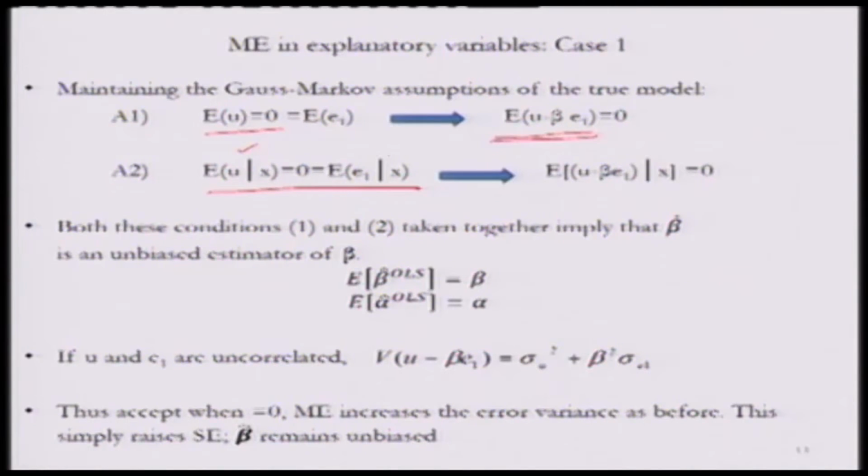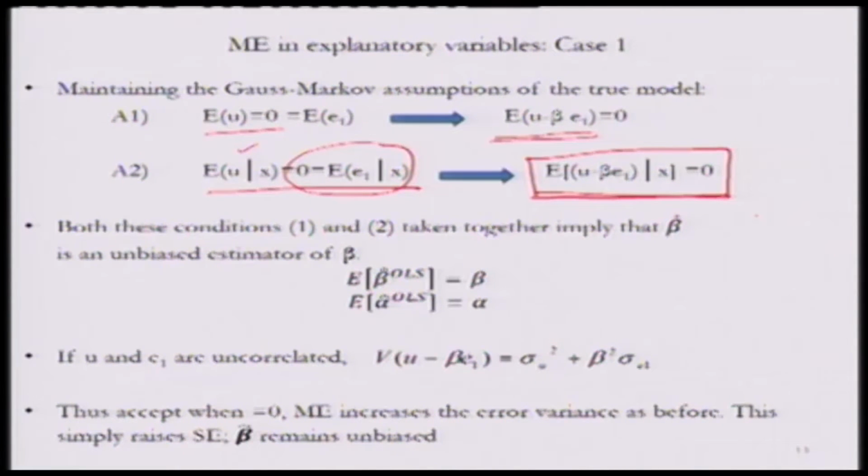So, we also have this condition met over here, which is the expectation of E1 given x equal to 0, and once again these two combined mean that the expectation of the new error term u minus beta E1 given x must be equal to 0. Note that this is the revised conditional mean independence assumption that leads to an unbiased estimate of beta when we estimate beta using OLS.